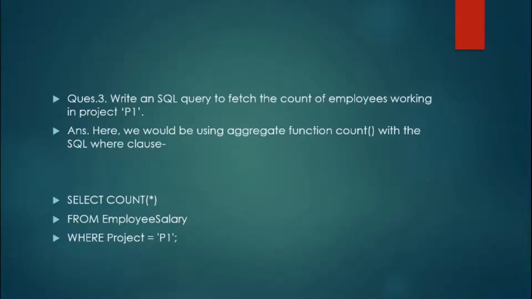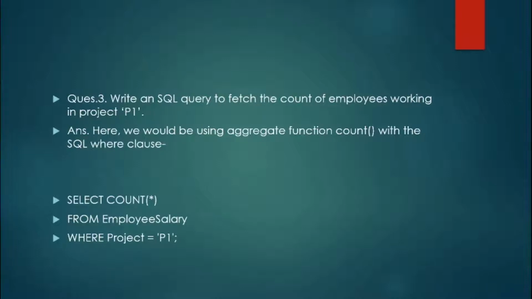Now the third query, write an SQL query to fetch the count of employees working in project P1. Here it is mentioned count of employees, and we have already seen count in our previous videos. There is a function called count of star.